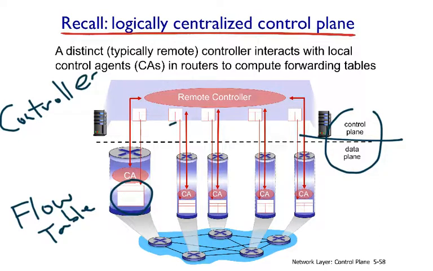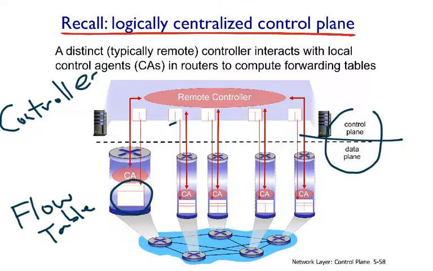We can think of the controller as a single device, but if there is only one device, it's a single point of failure in the network. If it is not working properly, or if it is turned off or failing, we can have problems in the network. The network is degrading, the performance is decreasing.